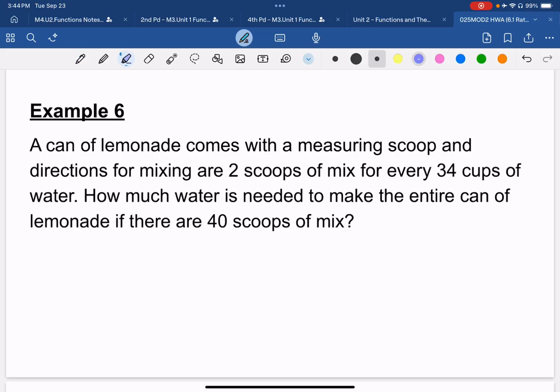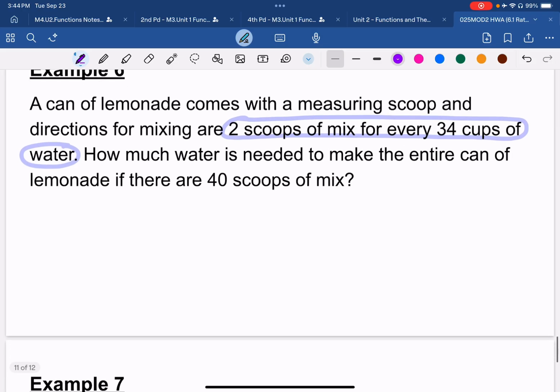So the first thing we need to do is pick out our ratio. So it says the directions for mixing are 2 scoops of mix for every 34 cups of water. So if we think about our ratio and we wanted to think of it as scoops of mix to water, okay, well, how much mix do we have to how much water?